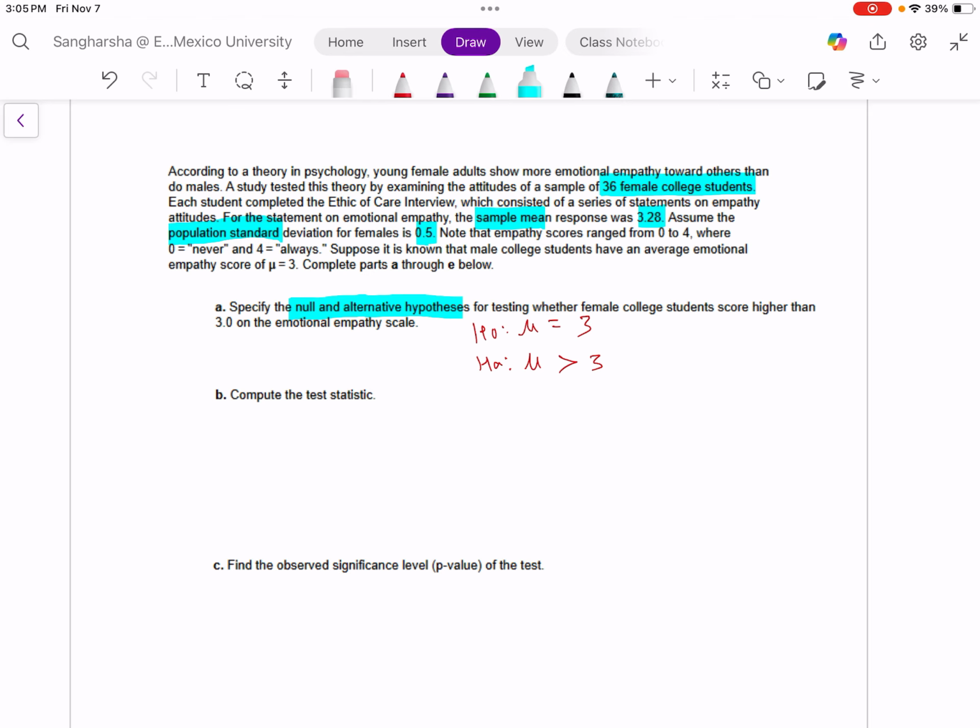So our test statistic z is equal to x bar minus mu divided by sigma divided by square root of n, because the standard deviation of the population is given. X bar is, what is our x bar?